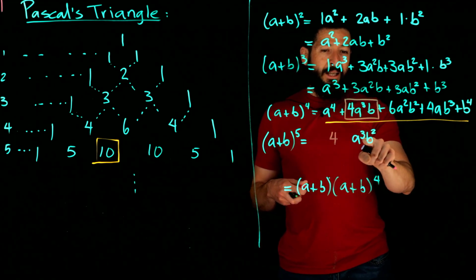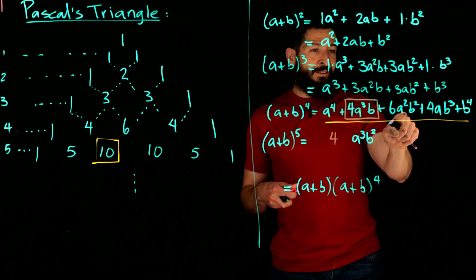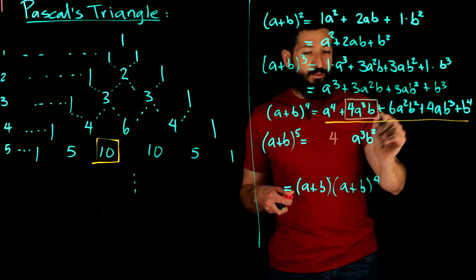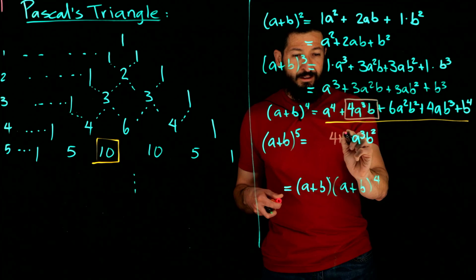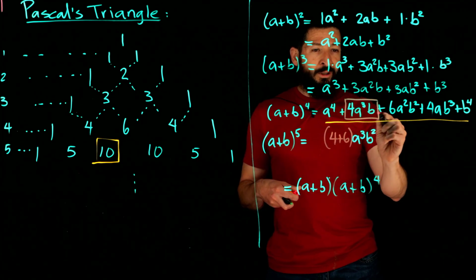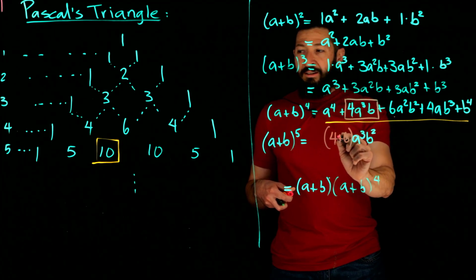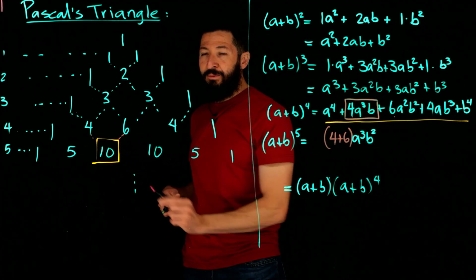Another way I can obtain a cubed b squared is if I multiply a squared b squared by a. That term has a coefficient of 6. So what I'm doing is grabbing the addition of these two terms above and putting it in front. That's where I get my 10.